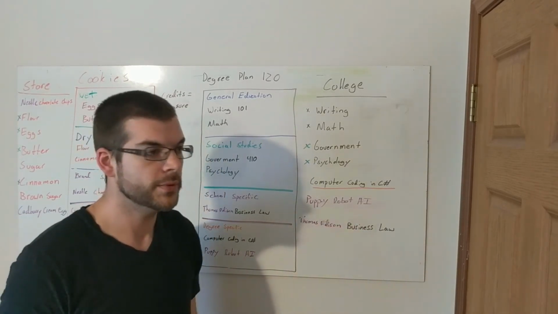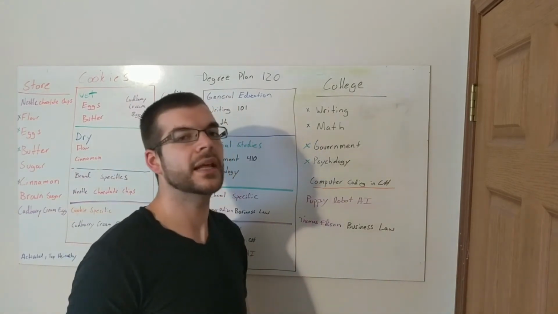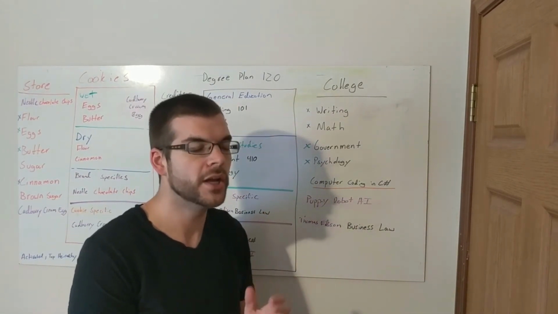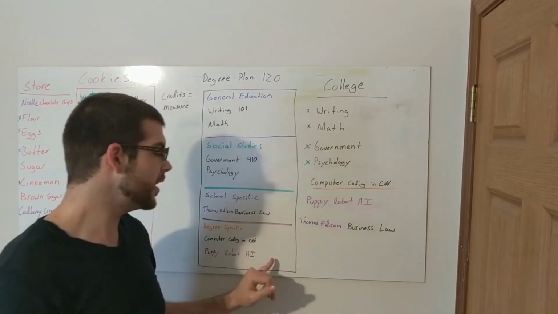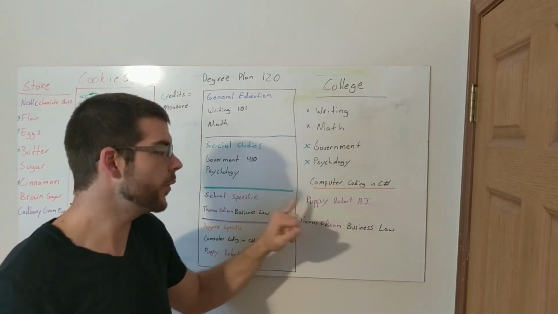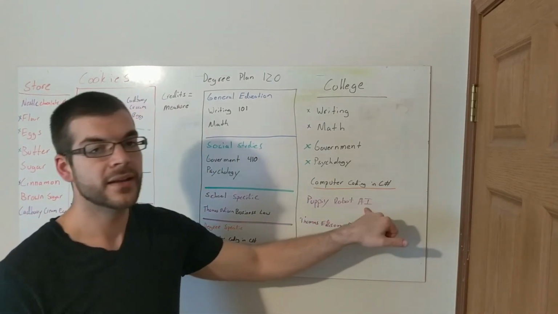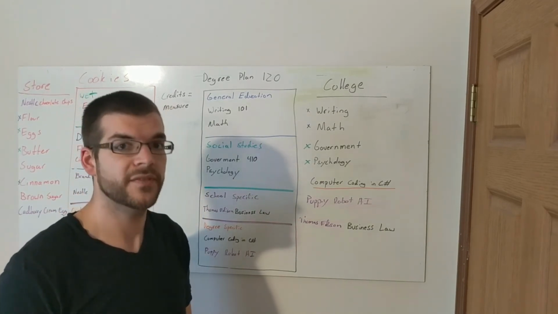This school particularly supplies this. Not only do they supply it, but they make it a required part of their degree program. They're like, hey, if you get a computer science degree from our school, we require that you take this class. So that is a school-specific class.